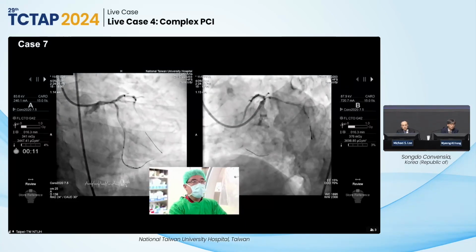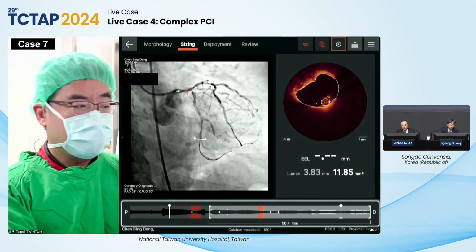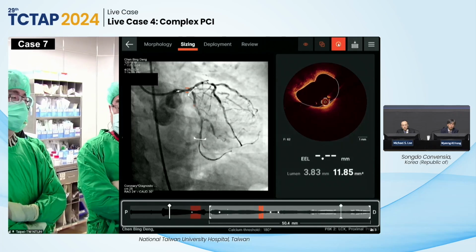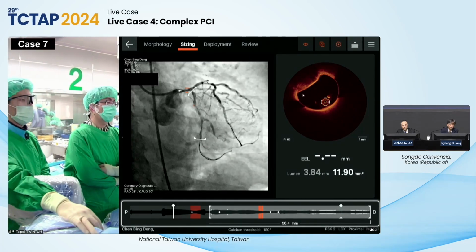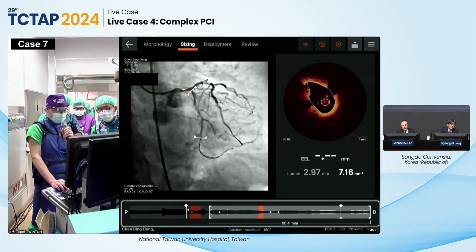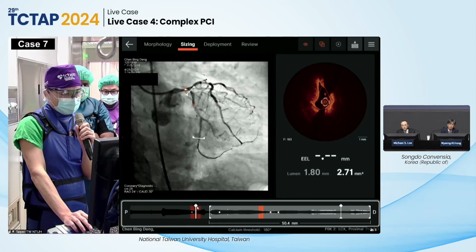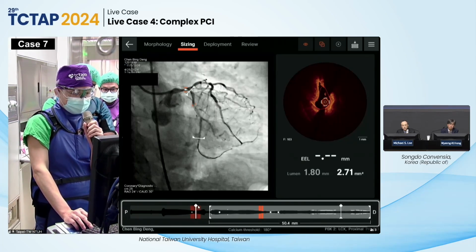Can we review that run? Please show the OCT. Yeah, the OCT is on. Okay, let's see. This is the left main as well. And this is the most calcified and critical part of the distal left main bifurcation.